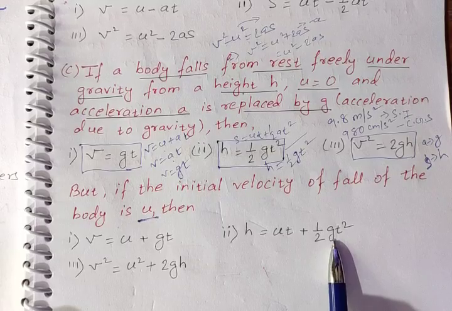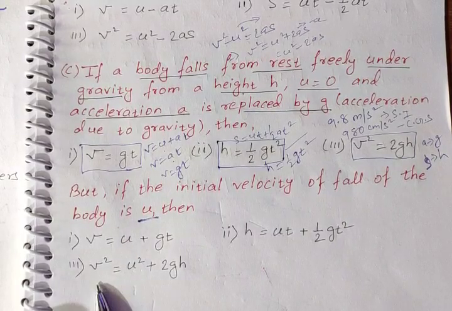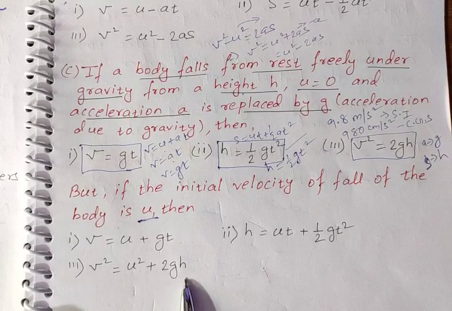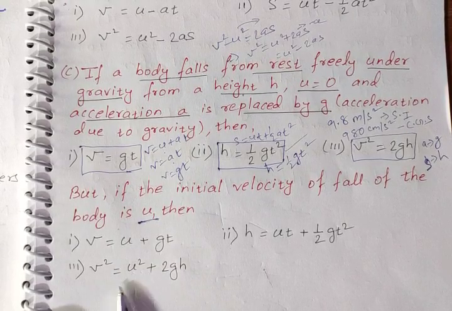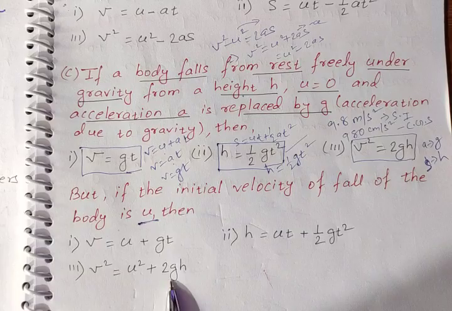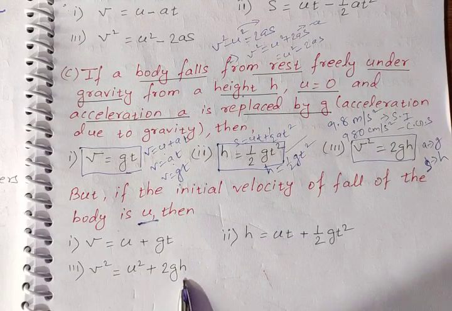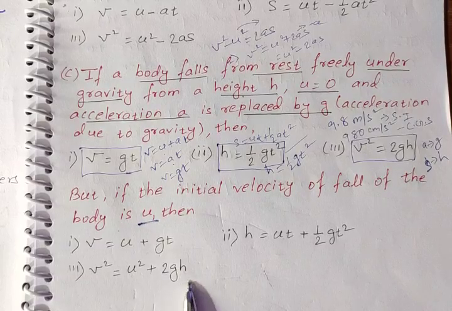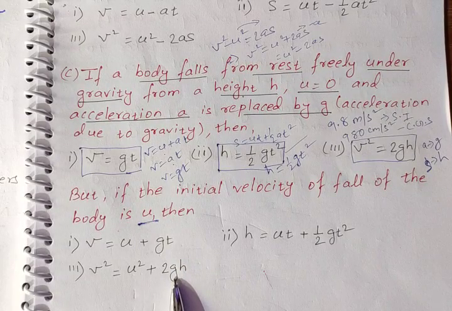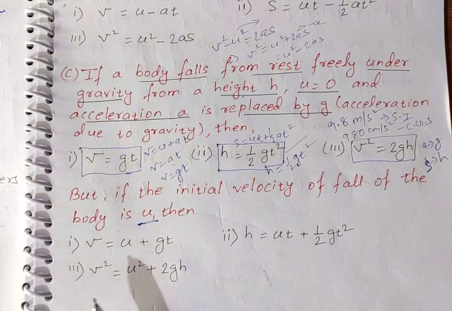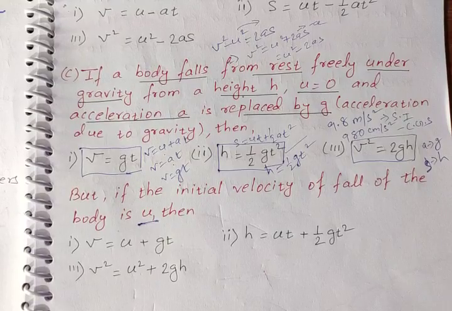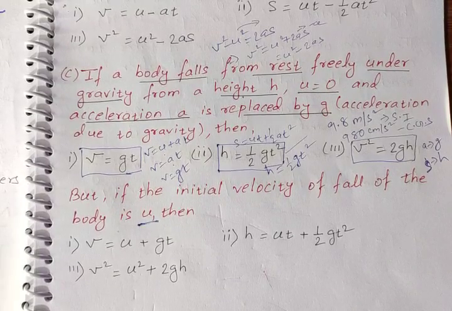Next, v square minus u square is equal to 2as, and when you shift u square to that side, it becomes v square equal to u square plus 2as. a is replaced by g and s is replaced by h, so it becomes v square equal to u square plus 2gh. Please note down this.